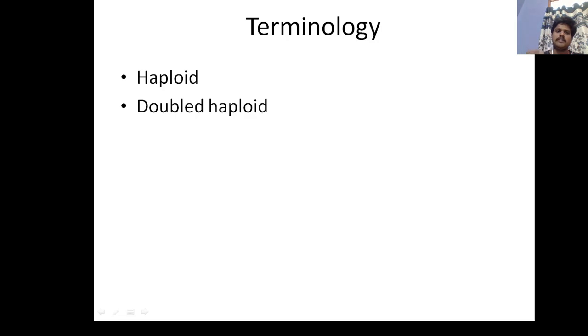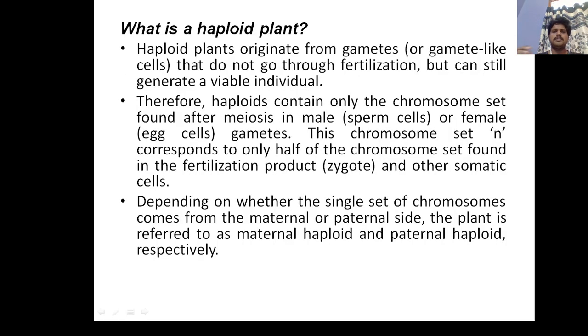Basically, you need to understand some terminology before going to this topic: haploids and double haploids. So what is a haploid? These are plants originating from gametes that do not go through the fertilization process, but can still generate a viable individual. Therefore, haploids contain only one set of chromosomes found after meiosis in male or female gametes.